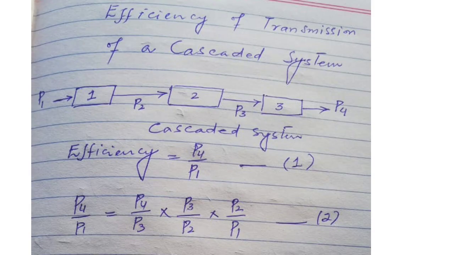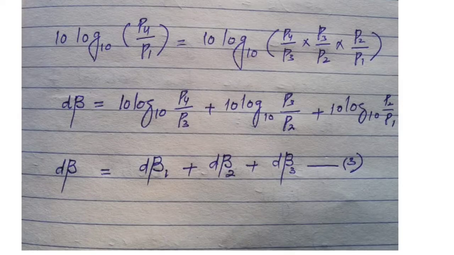So the decibel value of equation number 2 will be equal to 10 log of P4 by P1. And then we have 10 log of the quantity which is on the right hand side of equation number 2. So you know what is on the right hand side of equation number 2? We have P4 by P3 into P3 by P2 into P2 by P1.